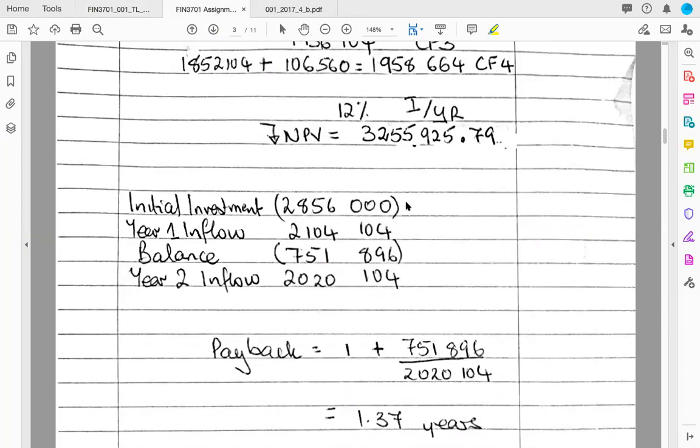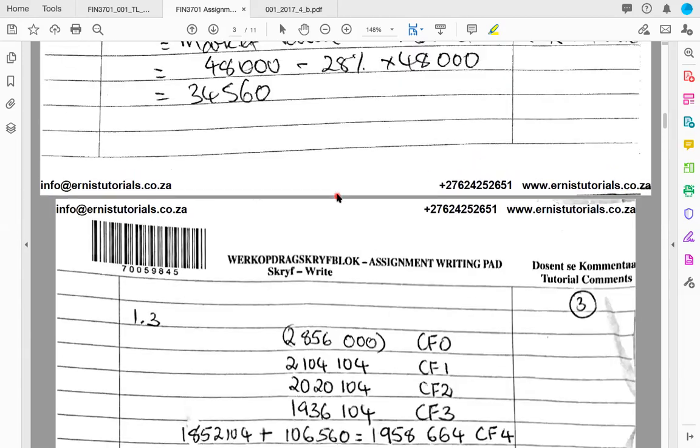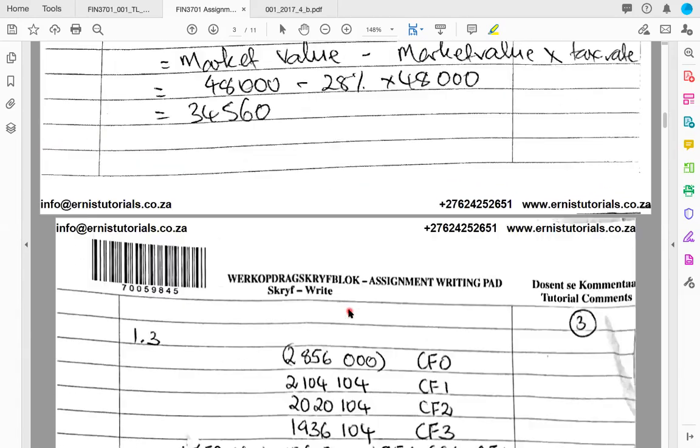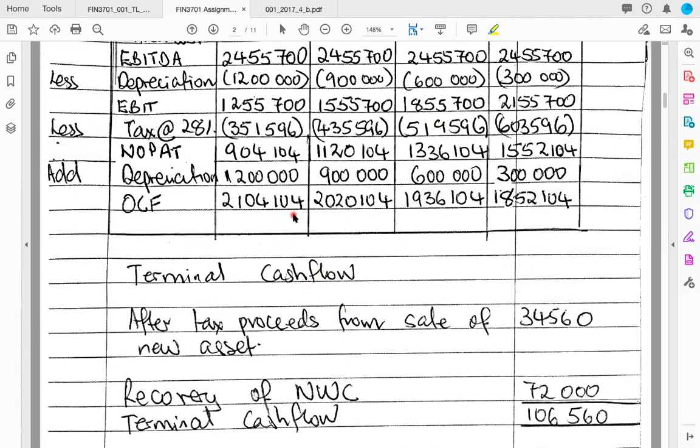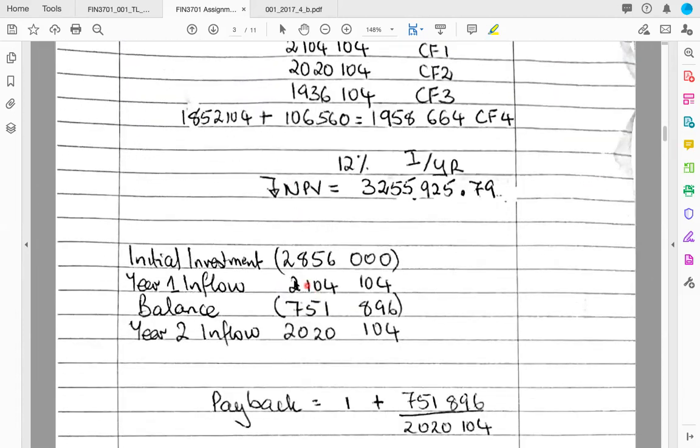To determine your payback, you take your initial investment, and then you add the operating cash inflow associated with the first year. For us in this question, that was 2,104,104. So you add that, and then you check the answer you get.